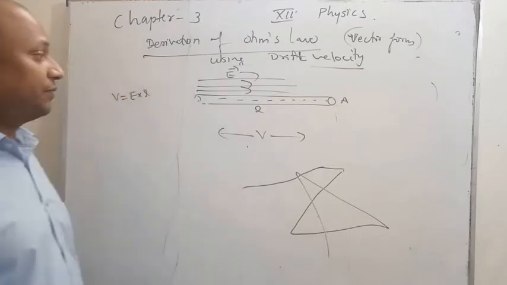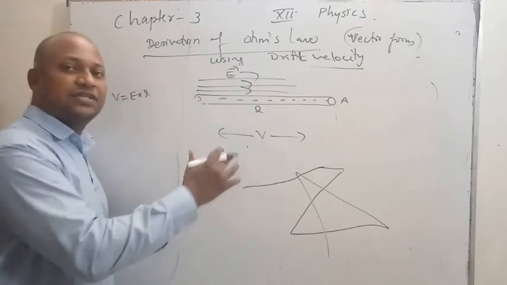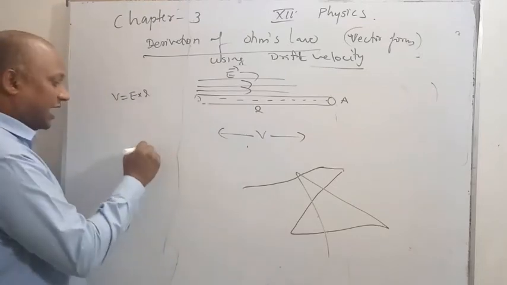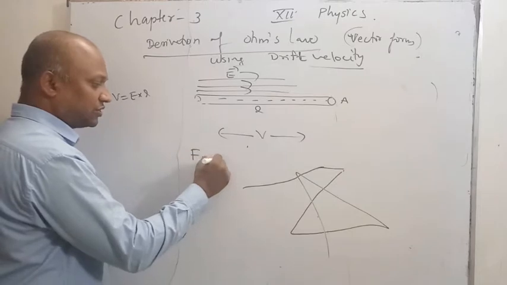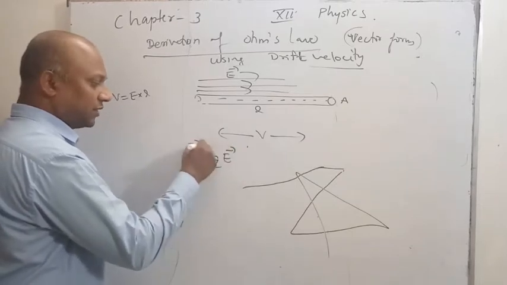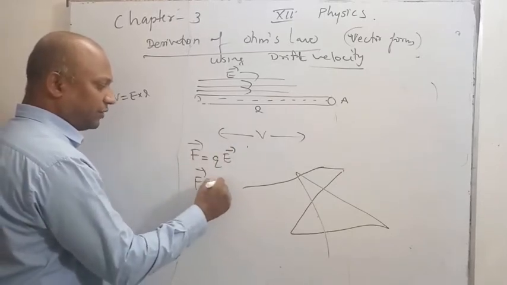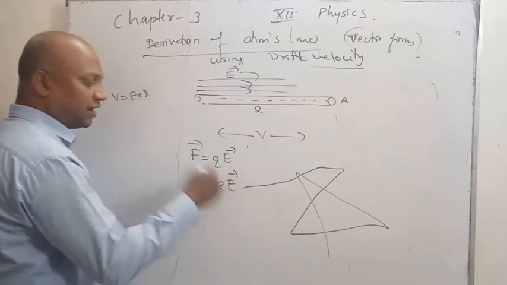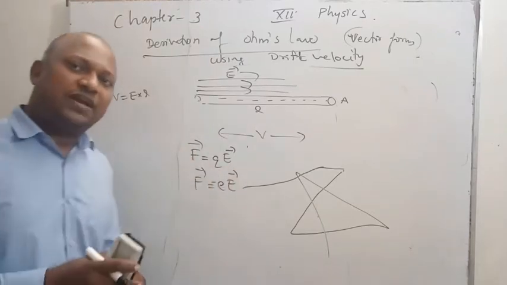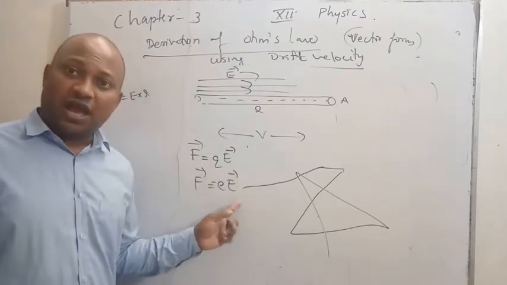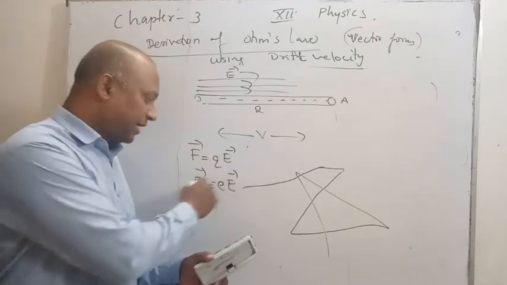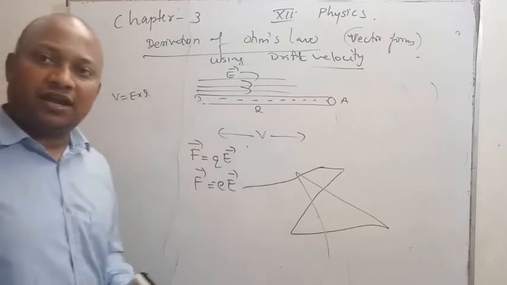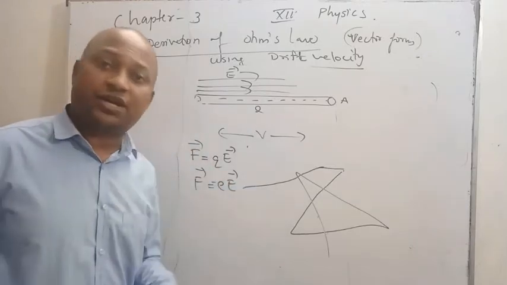But if there is a potential difference applied, then we say that there is an electric field, and the force is equal to charge into electric field. And we can write F is equal to e into E, where e is the charge of an electron here. So an electron will experience this force, and due to this force it will move in the opposite direction, minus e, opposite direction of electric field, and there is a net motion here.